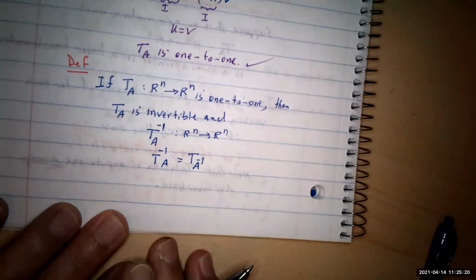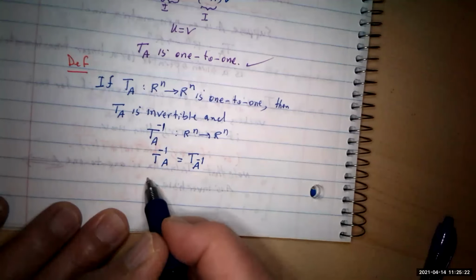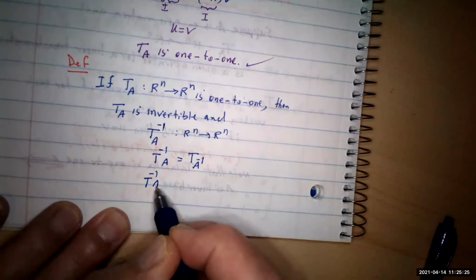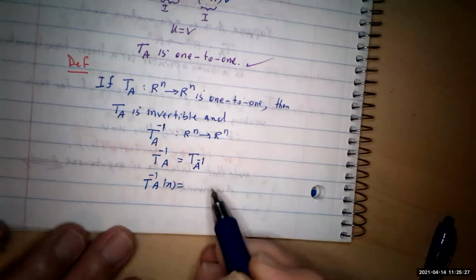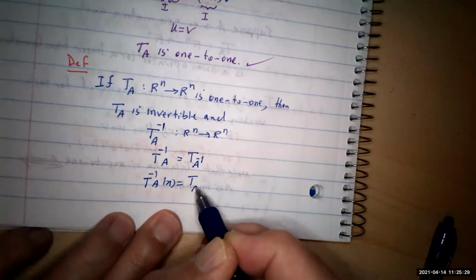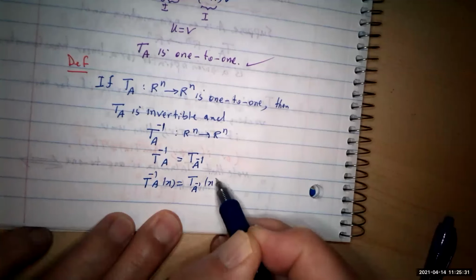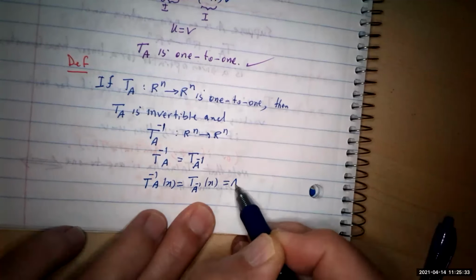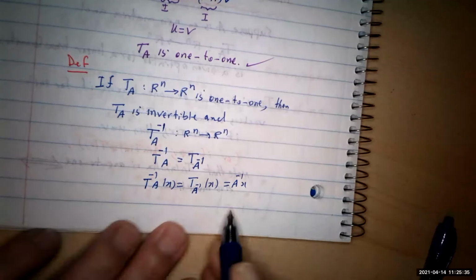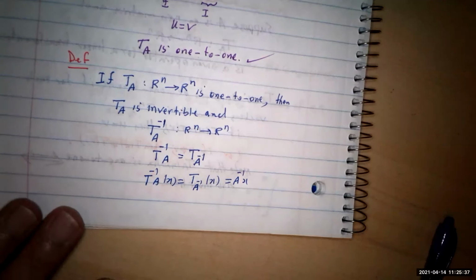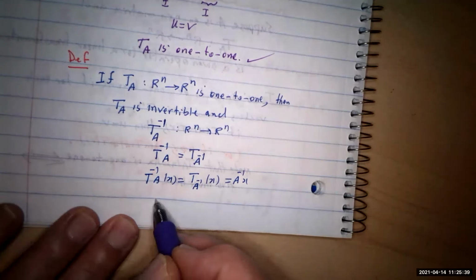So what does it mean? This means that T inverse of A at X is the same as T of A inverse at X, which is simply A inverse of X. So basically, this is what you expect.